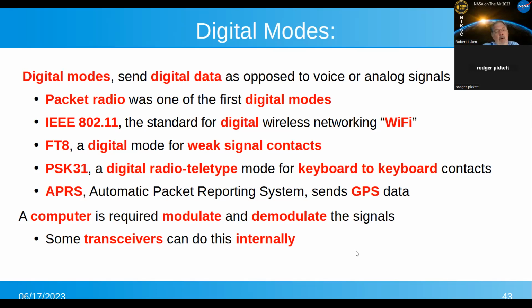Okay, a computer is required, at least so far, to modulate and demodulate the digital signals. Now they're getting to the point where some of the more modern advanced transceivers can basically do this all in one little box. But with most of them, you'll still require a computer or at least a cell phone.